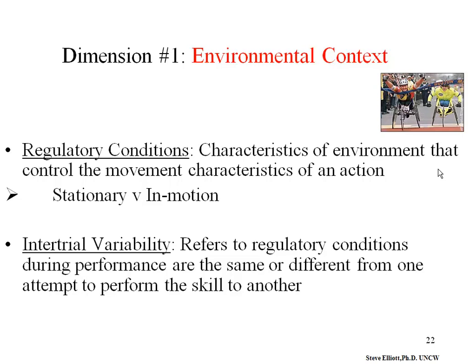Or as a person practices one attempt at the skill, is that the same as when they practice the next attempt of that certain skill? For intertrial variability, we either say it's present or not present. Yes, it's the same every time they perform the skill, or no, it's different from one attempt to another.